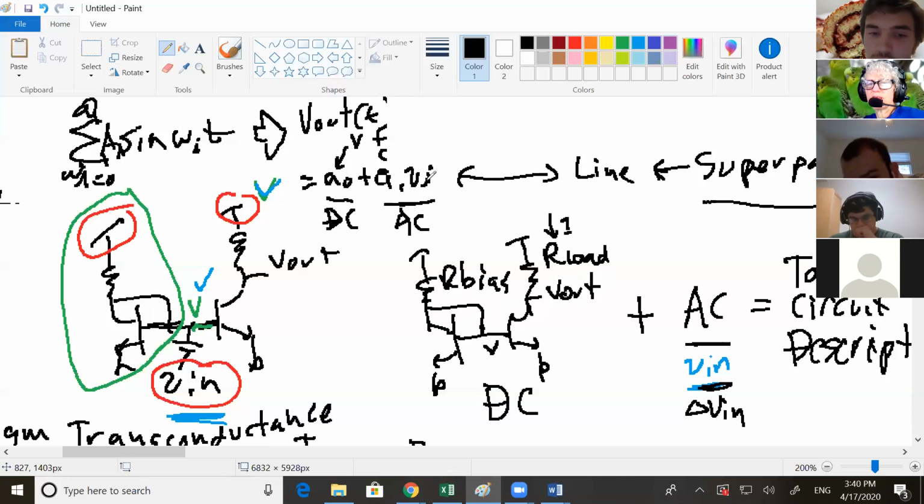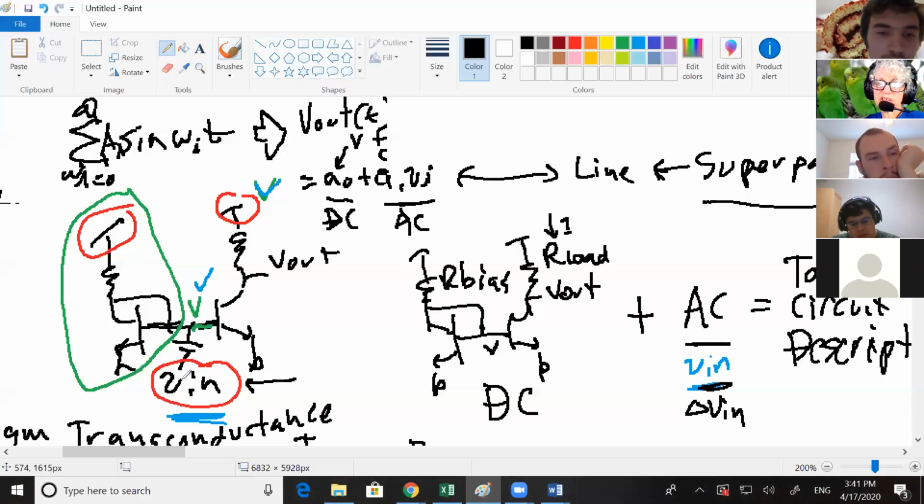So V in is lowercase, so that means it's how much V in moves. And if you remember, the way you put a moving signal onto this is through this AC coupling capacitor or DC blocking capacitor. That's how you'd let just the moving part of your input signal be superimposed on this DC, or added to, just like it says here. It's added to that DC voltage.